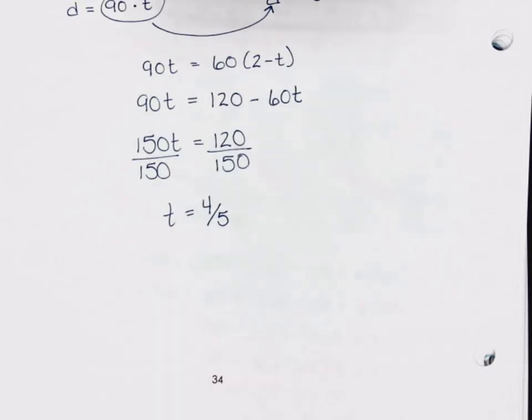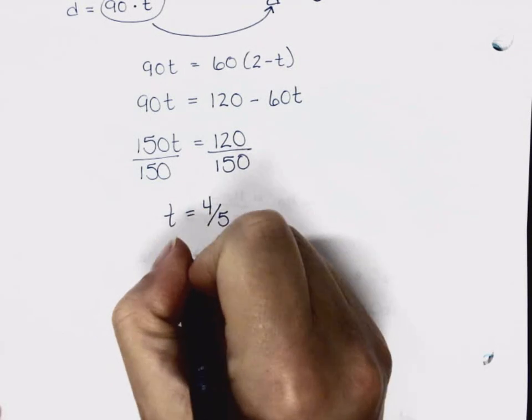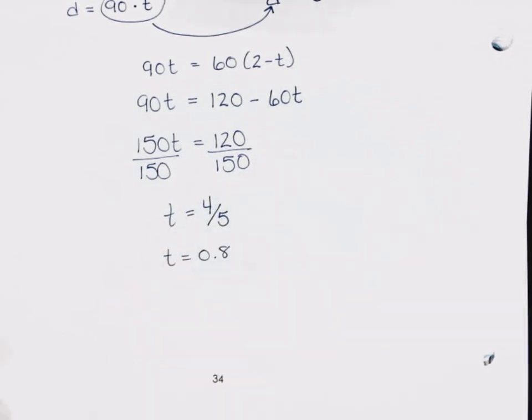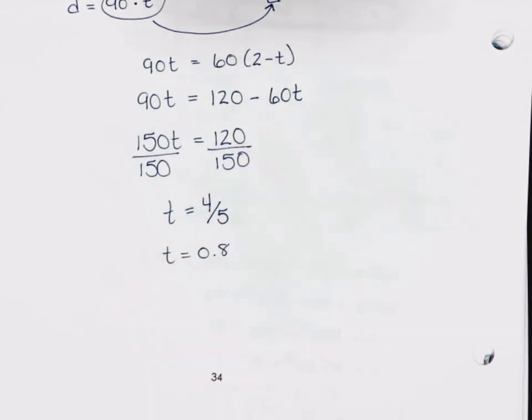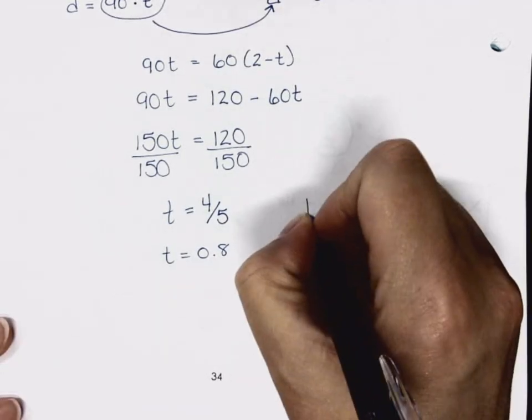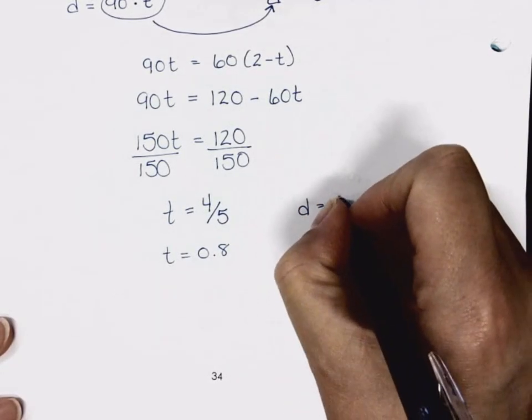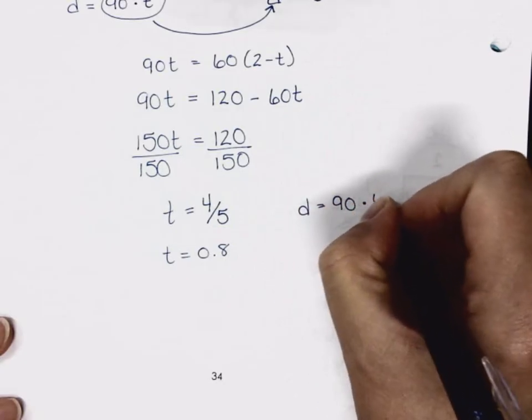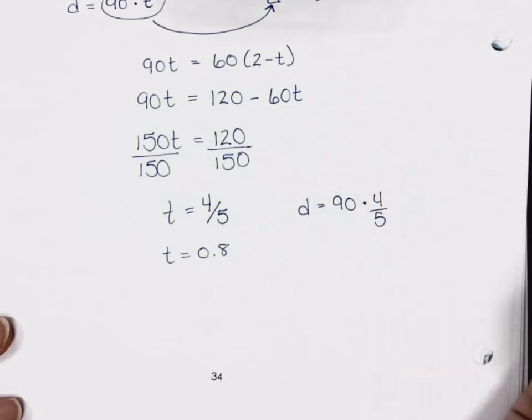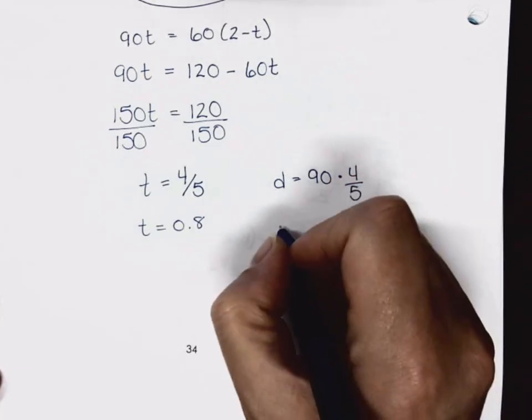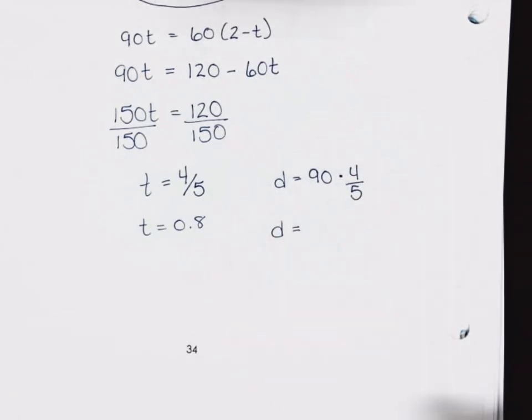The question was, how far do I live away from the cabin? Would this be better for your brains if we did that? So we know that distance is equal to 90 times 4 over 5. How many times does 5 go into 90?